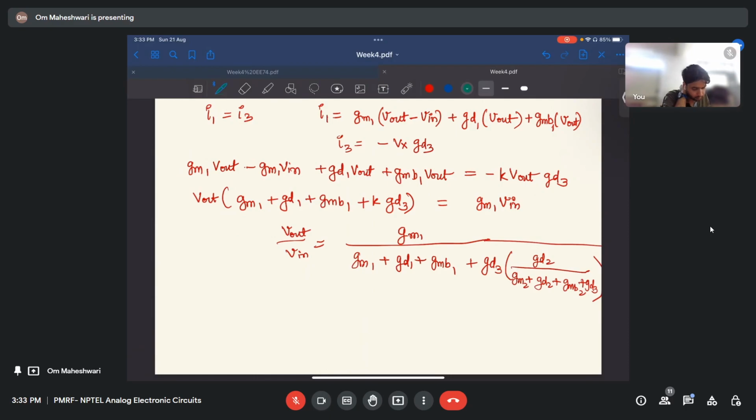All these values are given. So GM1 is given to be 1.6 millisiemen. GM2 is 1.8 milli. GM3 is 2 milli. GMB1, GMB2, GMB3 are 0.32, 0.6, 0.67.